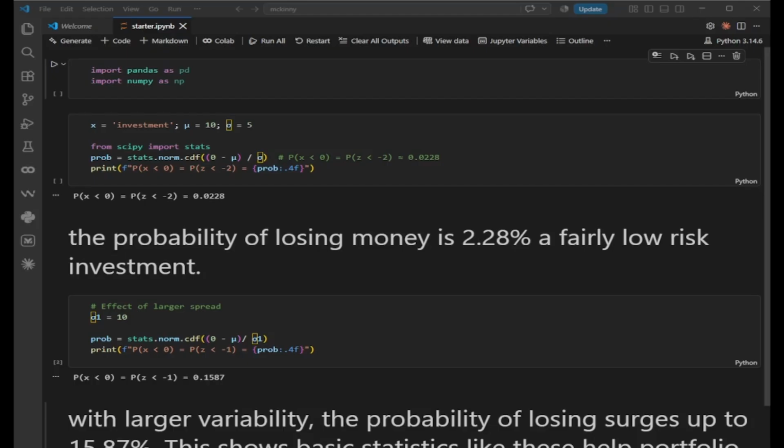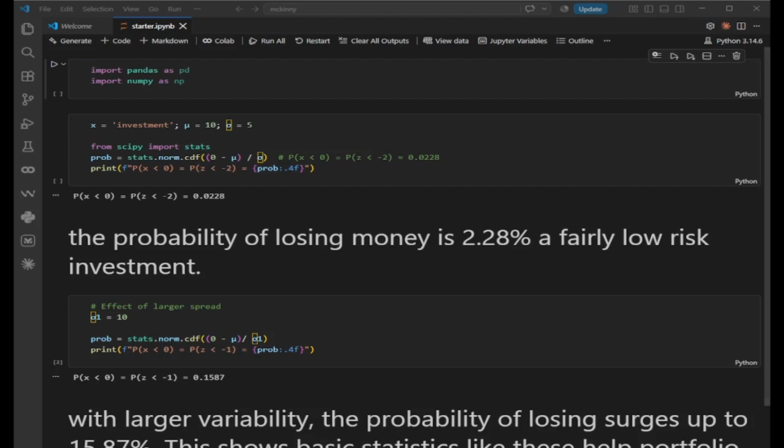I am going to explain today with just two basic statistics, that is, to measure the risk involved in making an investment. Just two basic statistics will be sufficient, at least as a first step.